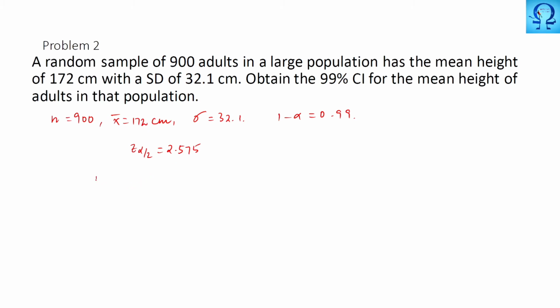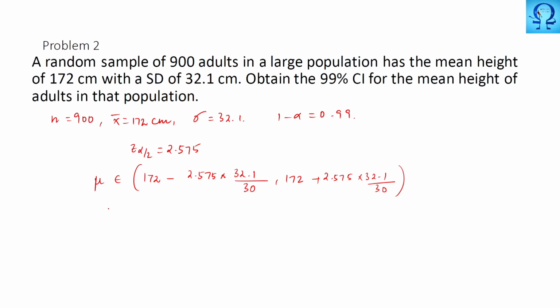Therefore our mu will be in 172 minus 2.575 product with 32.1 divided by 30 comma 172 plus 2.575 into 32.1 divided by 30. When you perform the calculations you will get the answers.